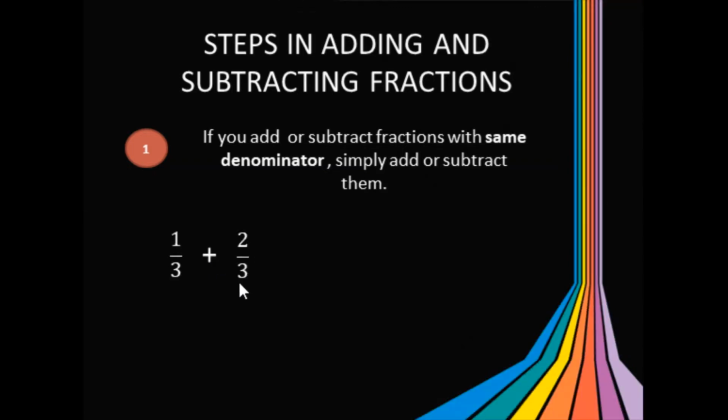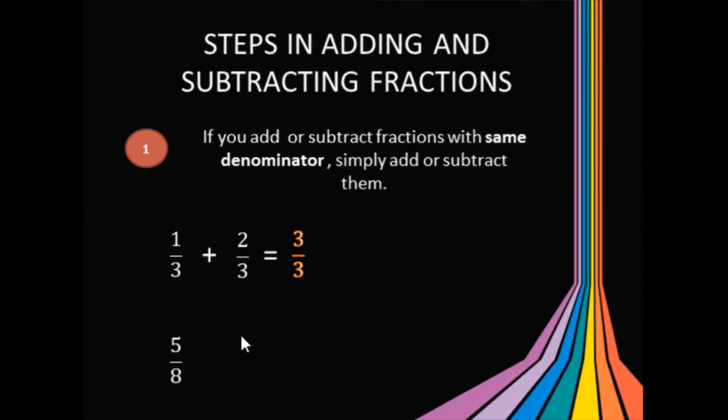Their denominators are both 3, so they are the same, right? You just add the numerators directly, 1 and 2. After that, you copy the denominator 3. So, the answer would be 3/3.